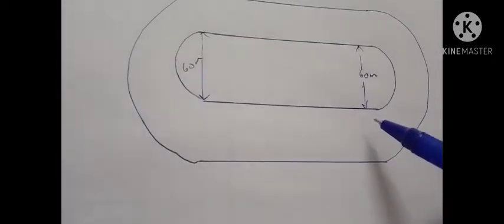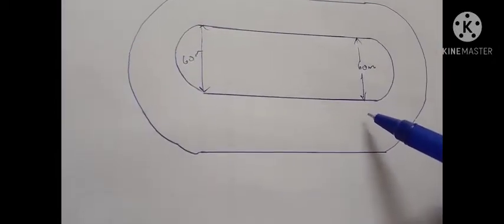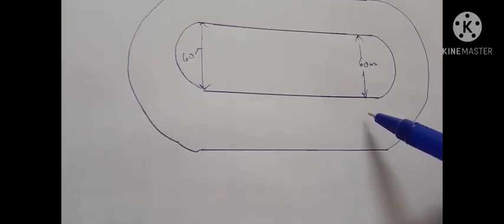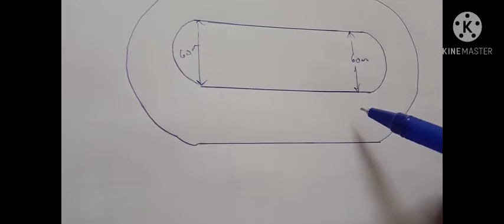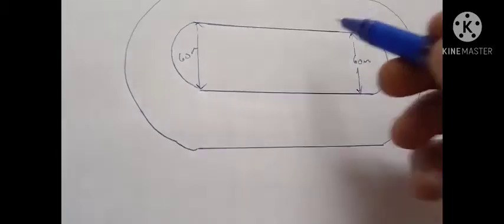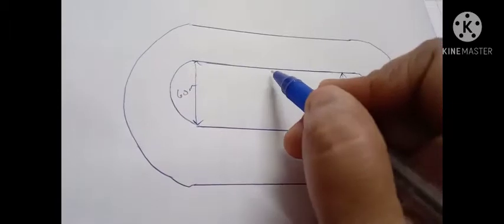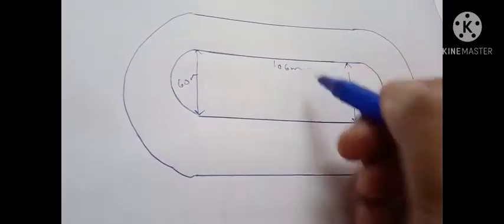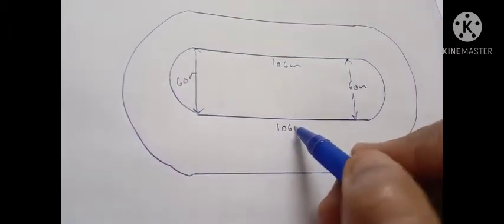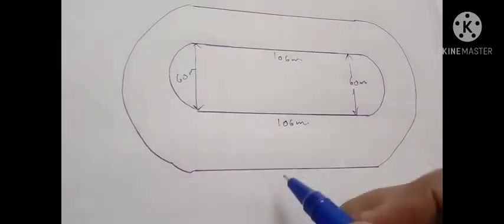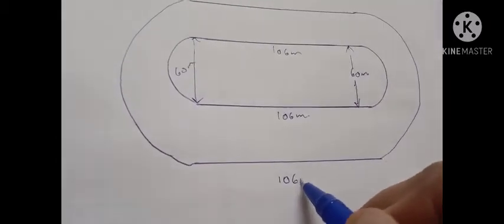Then it is given that they are each 106 meter long. That means this length is 106 meter, this is 106 meter, then this is also 106.